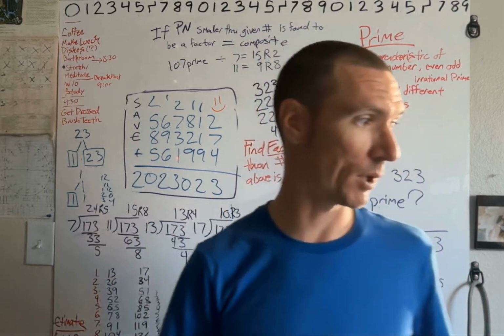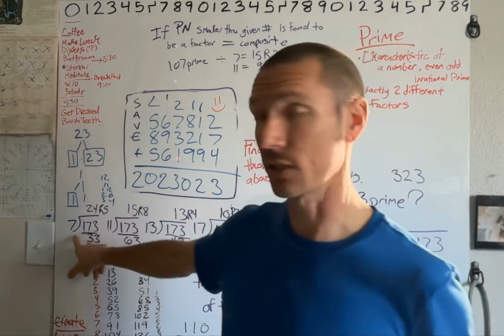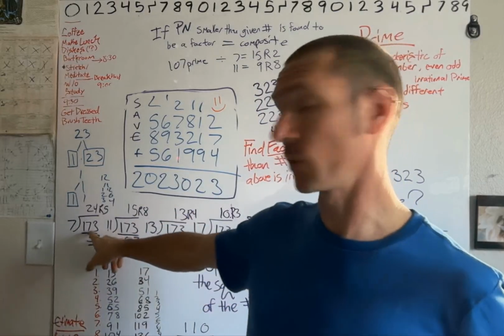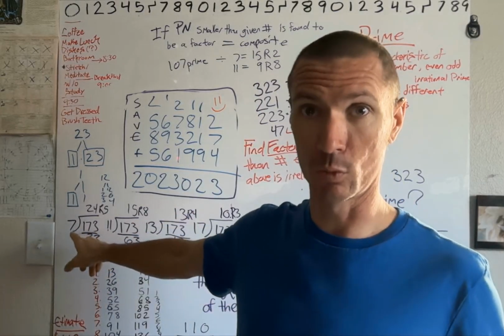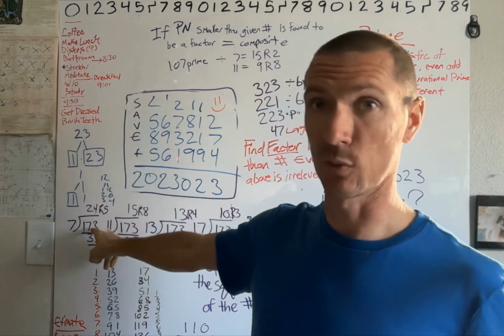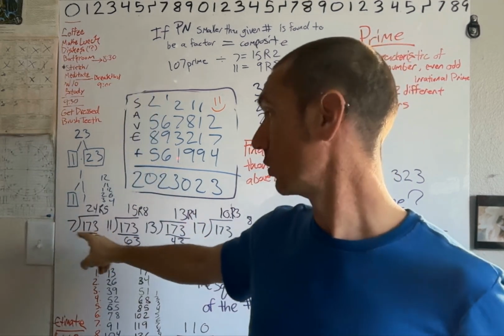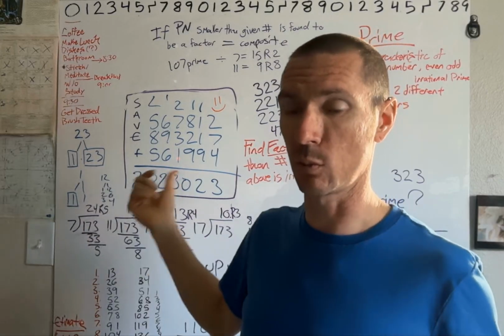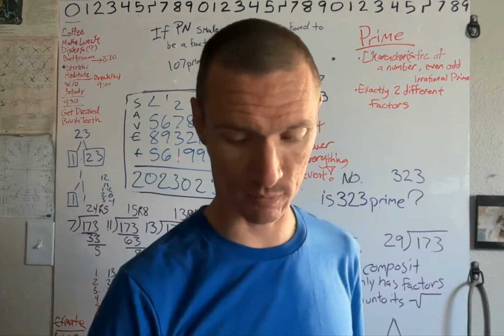First you test if it's divisible. Is 173 divisible by 2? No, because it's not even. Is 173 divisible by 3? Well, you can easily check if something's divisible by 3. You add the digits, and if that sum is divisible by 3, then the number is divisible by 3.